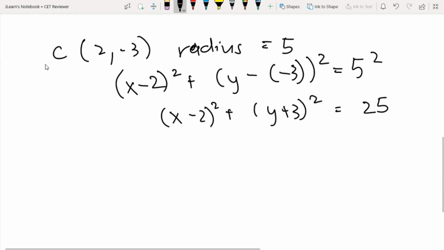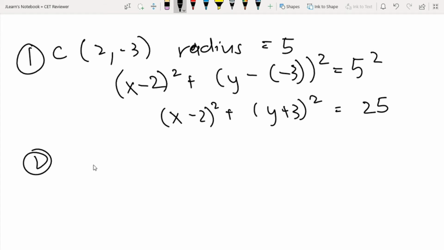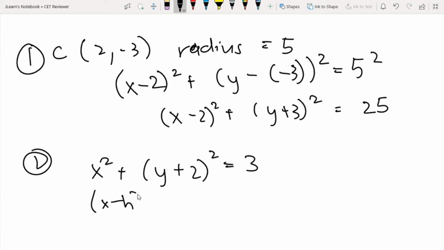So, paano naman kung pinapahanap sa atin yung center? No? So, let's say, another example. So, kunyari, meron tayong equation of the circle na x squared plus, let's say, y plus 2 squared is equal to 3. No? So, ano yung center ng circle natin? No? So, this is basically x minus h squared plus y minus k squared is equal to r squared.